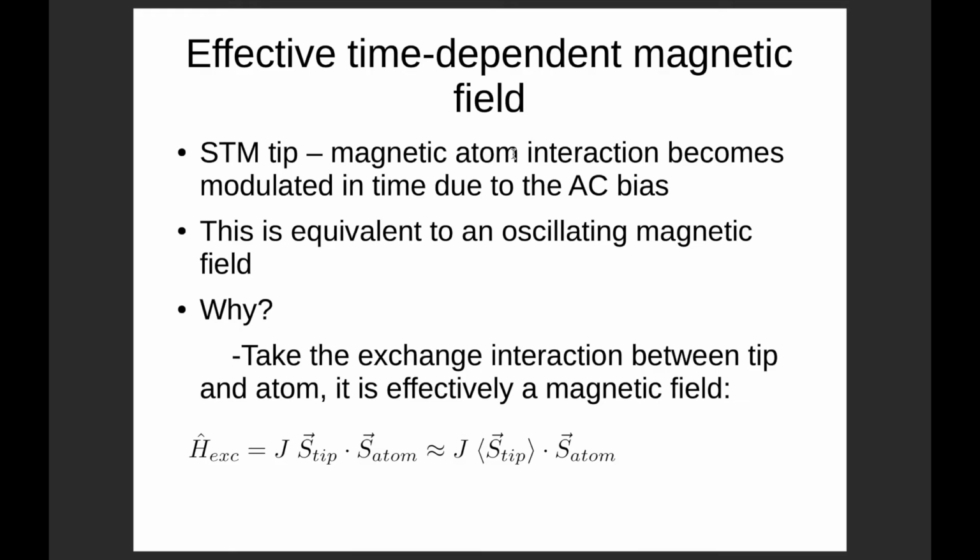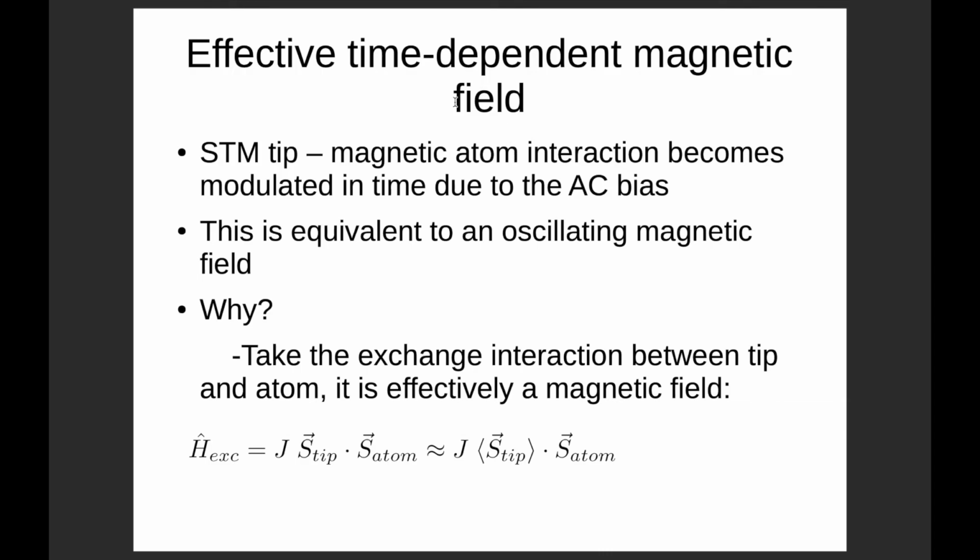To have coupling with the magnetic states, what we need is a magnetic interaction between the tip and the magnetic atom. And what I would like to show quickly here is that this is equivalent to an oscillating magnetic field. Take, for example, an exchange interaction between the tip and the atom.